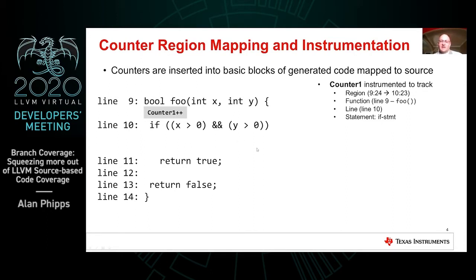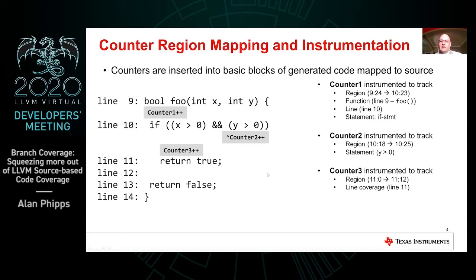The second thing that Clang is going to do is add a counter to track how many times this right-hand side condition was executed. I'll call it counter 2. It'll add a third counter to tell you how many times the then region of the if statement was executed. So within the scope of the then region, how many times was that region touched? This can be used to track line coverage on line 11, for example.